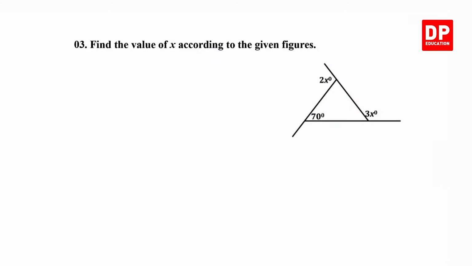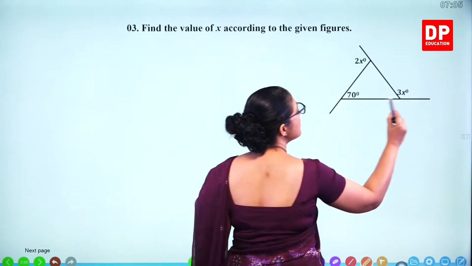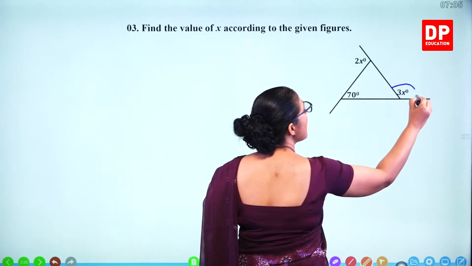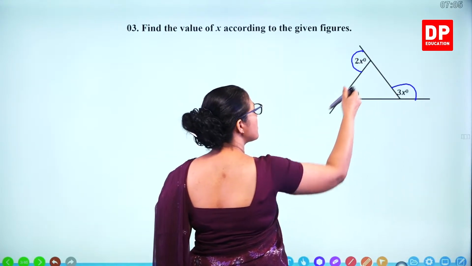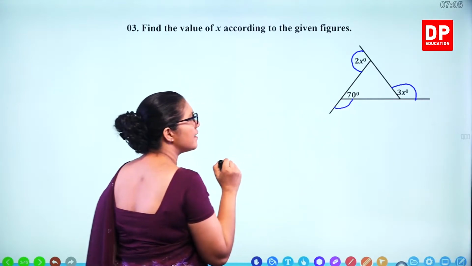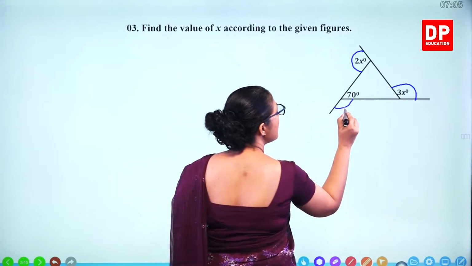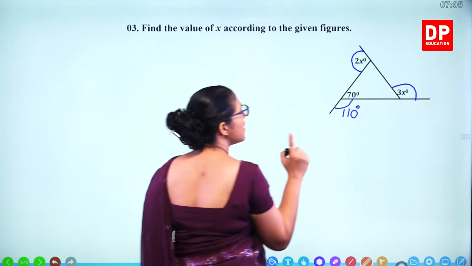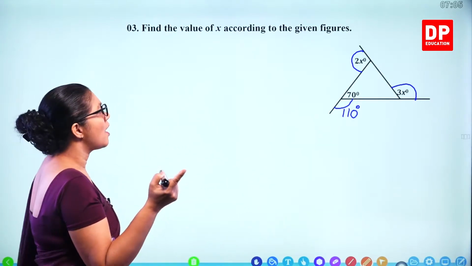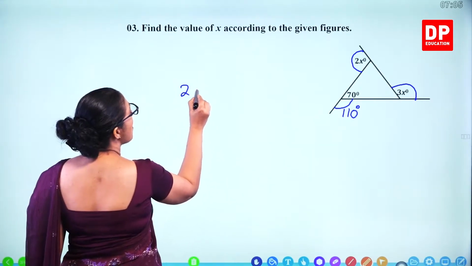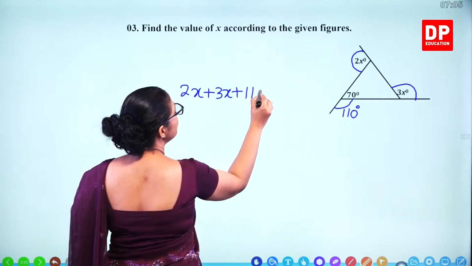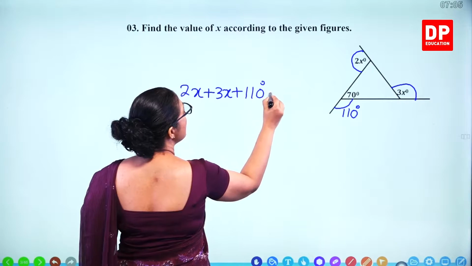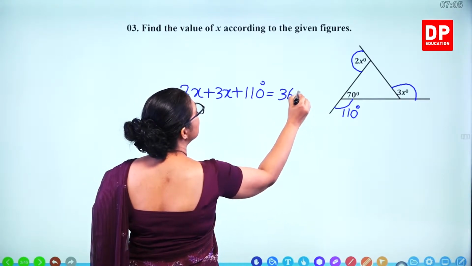Find the value of x according to the given figure. Look at this one. This is the exterior angle. When you extend this one, this is the other exterior angle. So if this is 70, this is 110, which is 180 minus 70. Now we know the sum of all exterior angles adds up to 360.